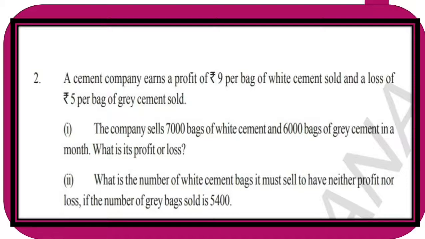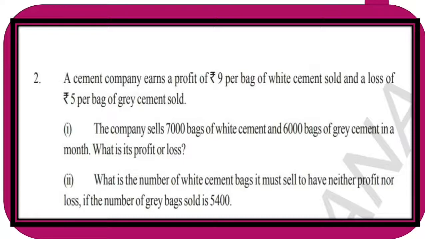What is its profit or loss? Second one: what is the number of white cement bags it must sell to have neither profit nor loss if the number of grey bags sold is 5,400?